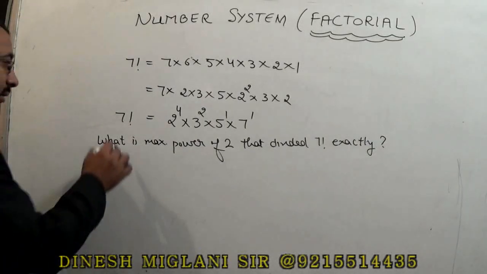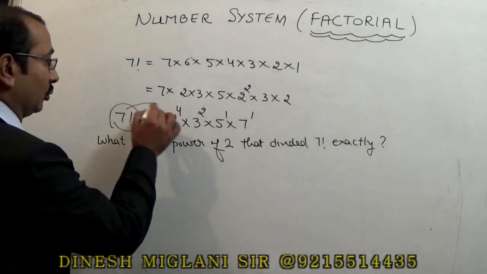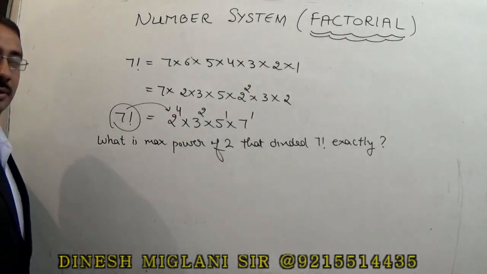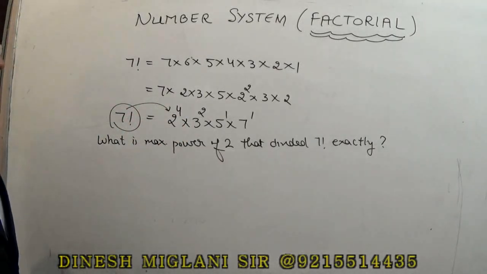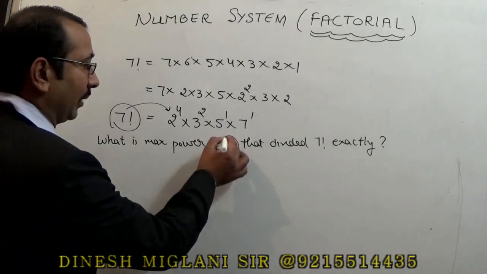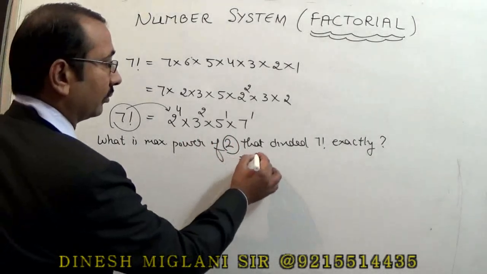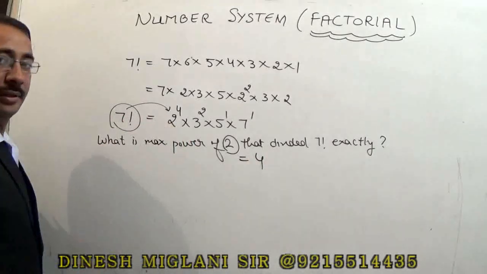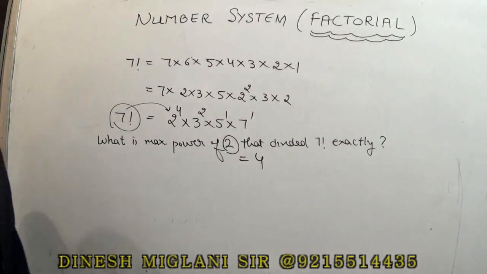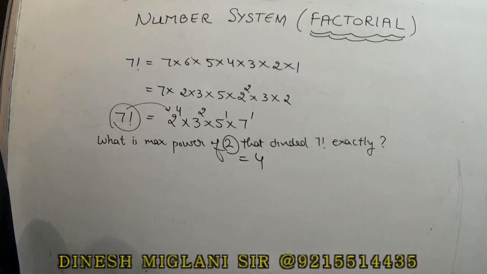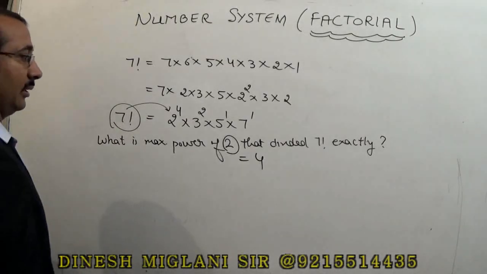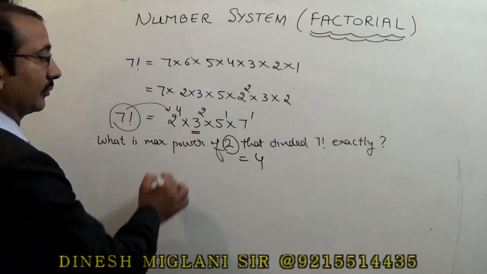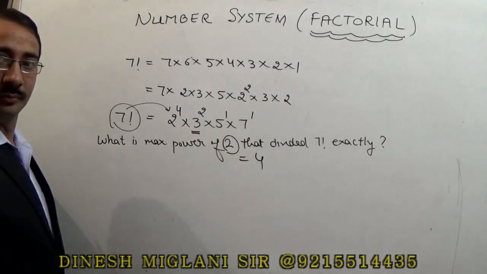Now I can say that this 7 factorial is equal to 2 raised to power 4 into 3 square into 5 raised to power 1 into 7. So here, if I have to find the maximum power of 2, the answer is equal to 4, because in this we have 2 raised to power 4. So I can say maximum power of 2 is 4. Similarly, if I have to find the maximum power of 3, my answer is 2.